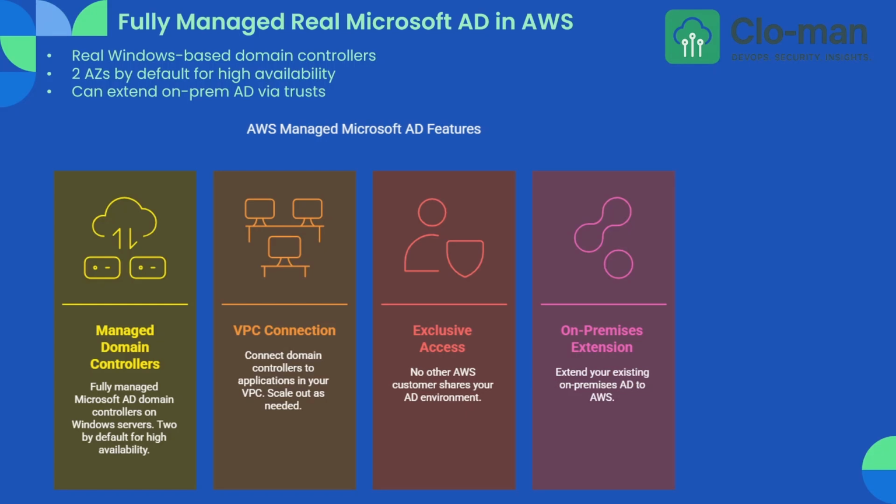Plus you get exclusive access, so no other AWS customers share your AD environment. And if you already have an AD environment on premises, you can extend your access to AWS using a trust relationship.